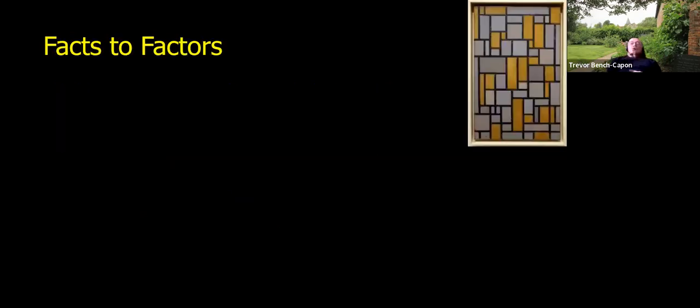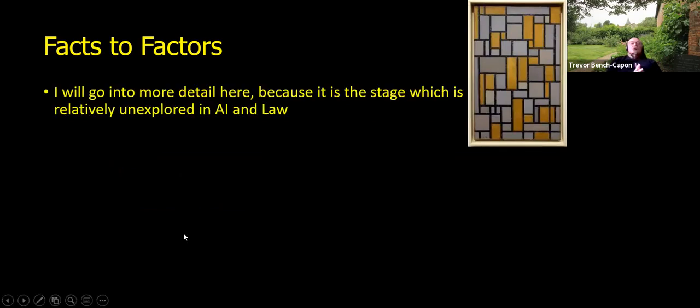But now we come on to a relatively novel set of things which enable us to move from these facts to factors. And I go into more detail here because this stage has not really been explored in our own world.